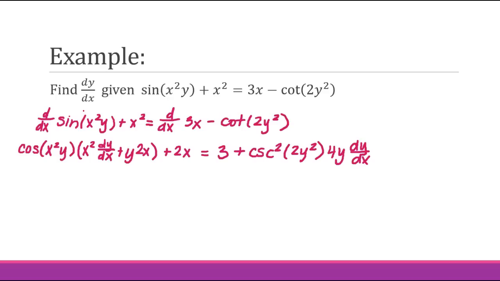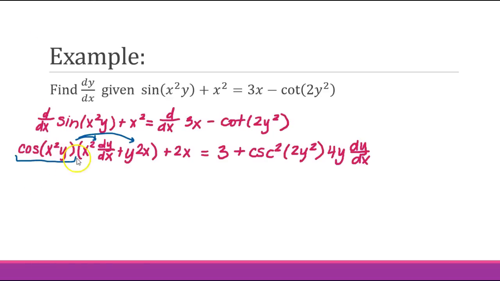All right, so now on this left-hand side, we have to distribute in this whole quantity. I have this cosine of x squared y quantity that we're going to have to distribute to each of these pieces so that we have all of our terms added or subtracted, so that we can gather like terms on each side of the equation.